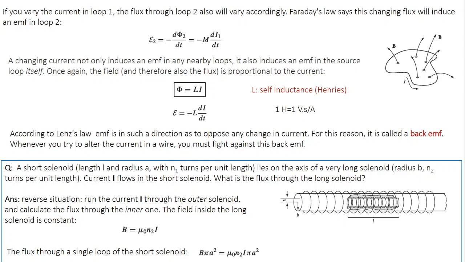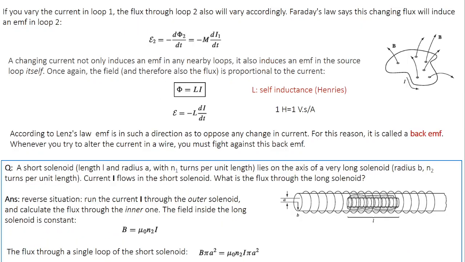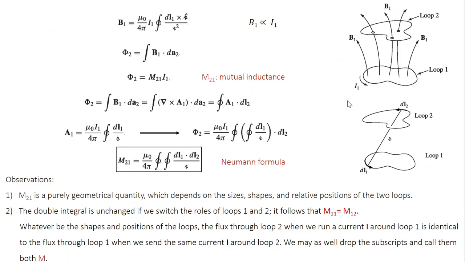Since phi 2 equals M into I1, I can write E2 equals minus M into dI1 by dt.